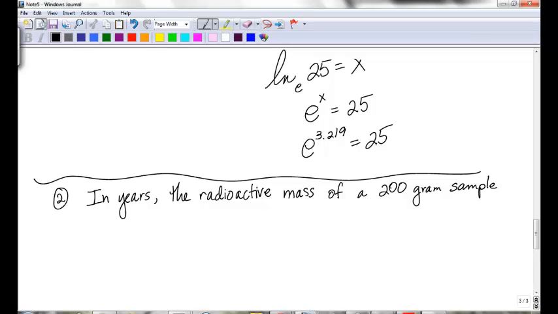Oh, I left out the word 10. Sorry. Not sure if I said it. In 10 years, the radioactive mass of a 200-gram sample decays to 100 grams.